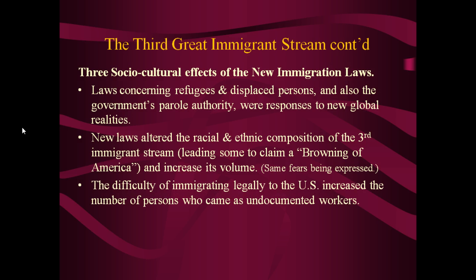They were mainly coming from Asia and Latin America, hence the term the Browning of America. This new immigration has once again awakened the same fears expressed by natives during the previous periods of high immigration. We see those fears consistently in the news these days.